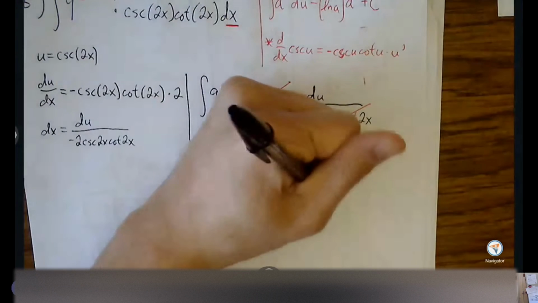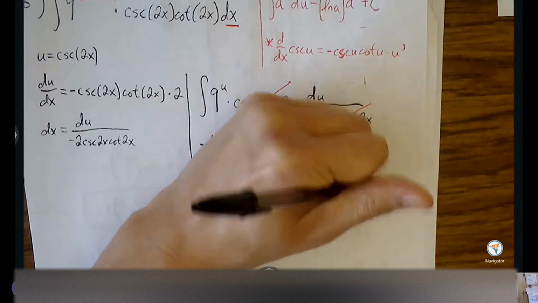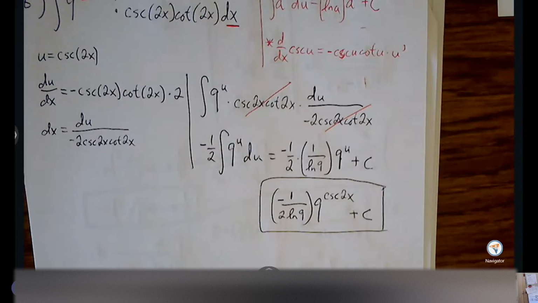And then 9 to the u, my u value is cosecant 2x plus c. Okay, any questions with 6? Anybody still need to look at 6?